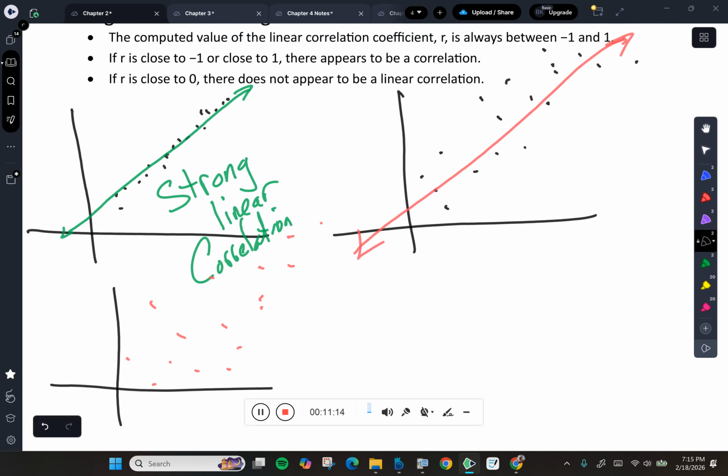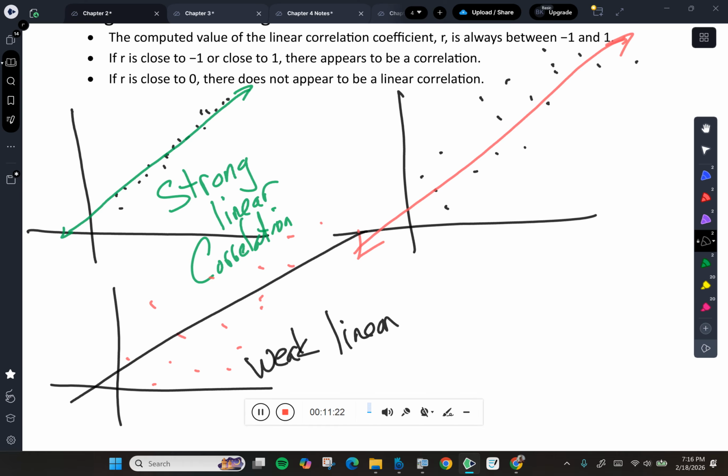Well, there's still kind of a line to it, but it's even worse. So we might say this is a weak linear correlation. We don't have a word for the ones in the middle. We have the words for the good ones, strong. We have good words for weak. We don't have ones for the one in the middle.